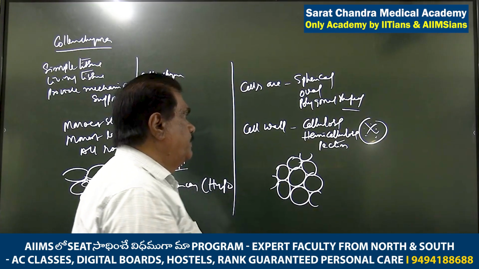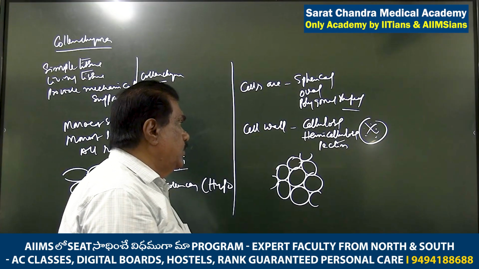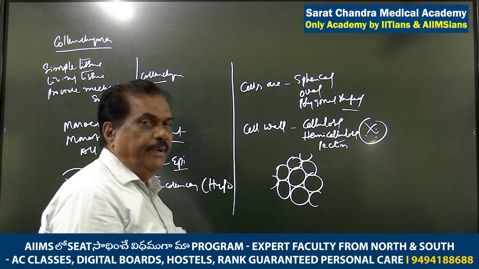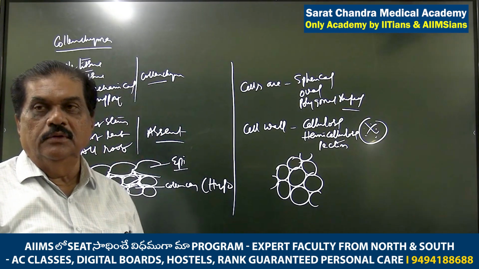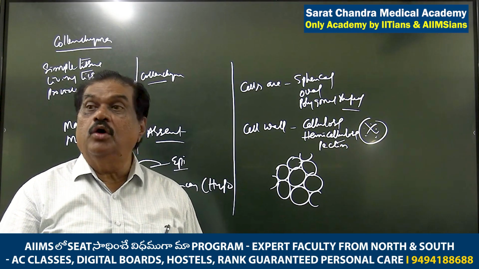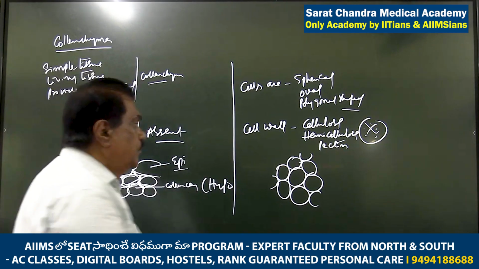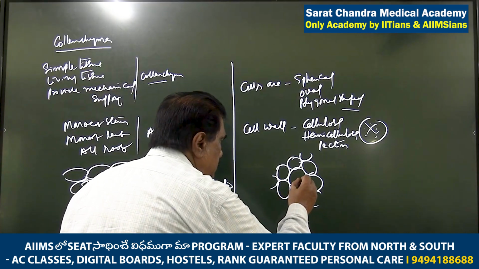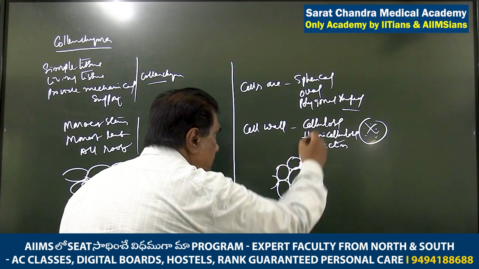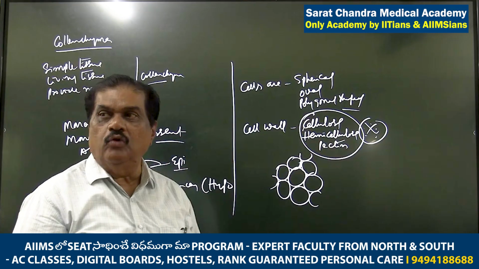This is Collenchyma. The cells are spherical, oval, or polygonal in shape. The cell wall is deposited with cellulose, hemicellulose, and pectin-like compounds. More cell wall material is deposited at the corners. This is the corner of the cell. What is the cell wall material in Collenchyma?